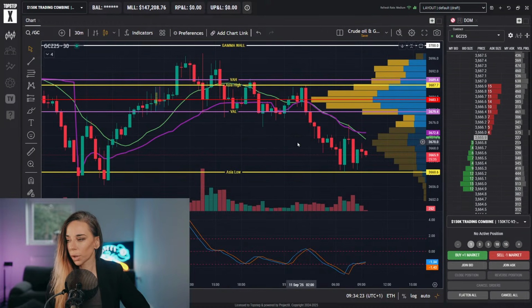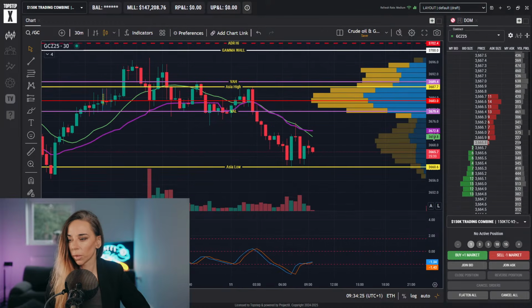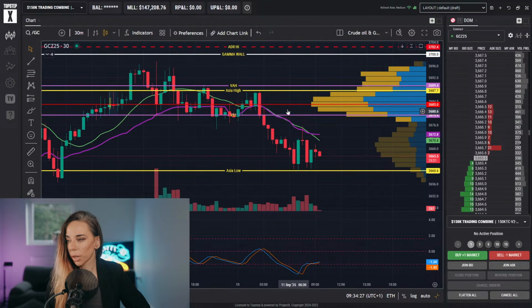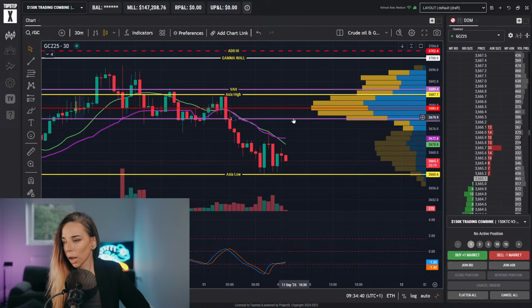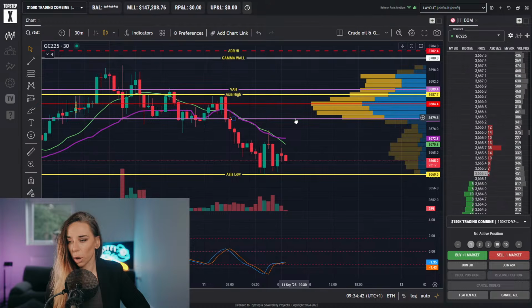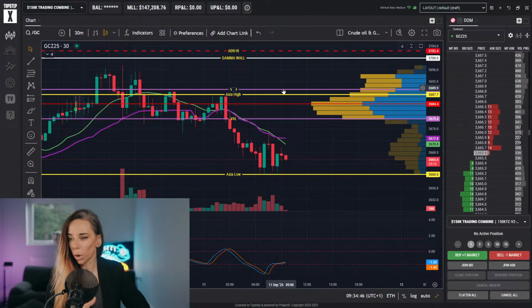So on gold, I already have some lines that I placed. Asia high was 3687.6. Asia low was 3660.6. I had the COMEX value low at 3679.6 and then value high at 3689.9.